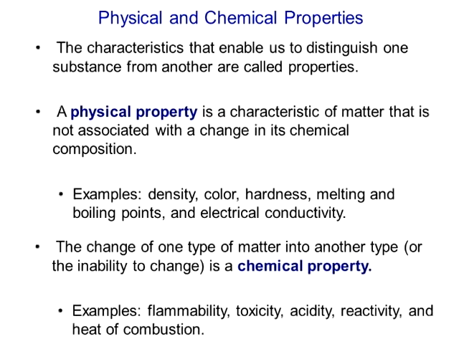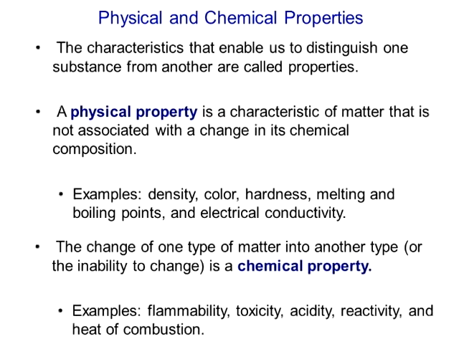The change of one type of matter into another type, or the inability to change, is a chemical property. So some reactions won't occur because of their chemical properties. Other reactions will occur because of their chemical properties.